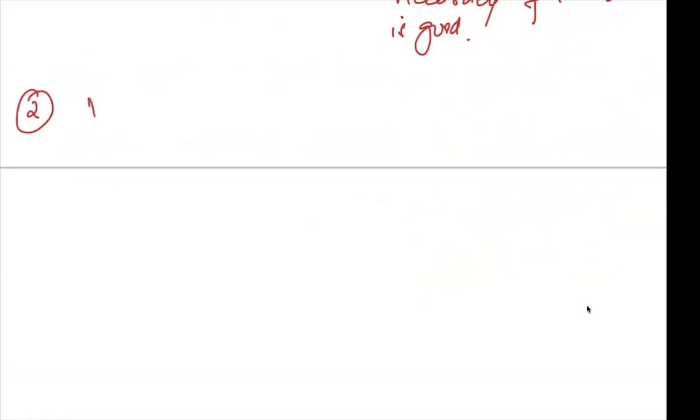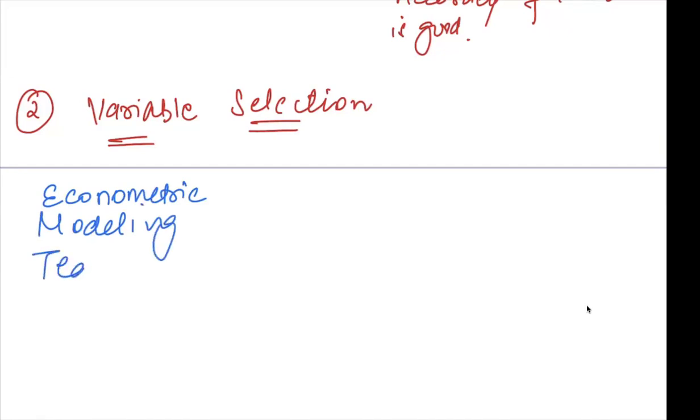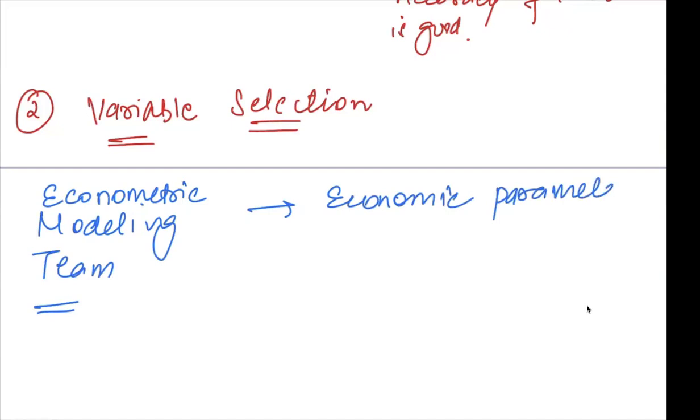So first is data collection and data cleaning. Second step is variable selection. And now you will understand the role of quants in specific. See, every bank has an econometric modeling team. The econometric modeling team gives you different economic parameters, right? Now, what are economic parameters?